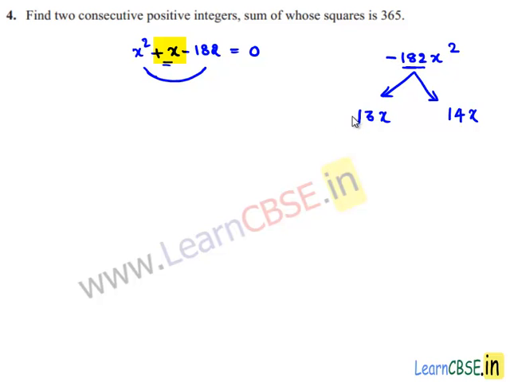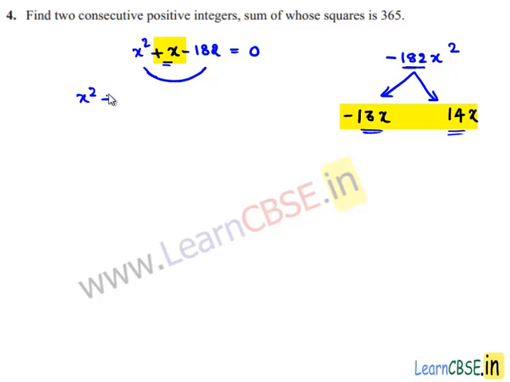So if we put a minus sign here, minus 13x multiplied by 14x is minus 182x square, and the sum minus 13x plus 14x is plus x. So minus 13x and plus 14x satisfy both the conditions.